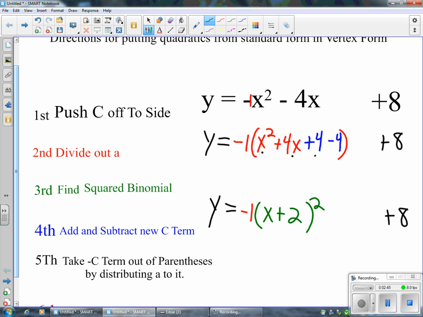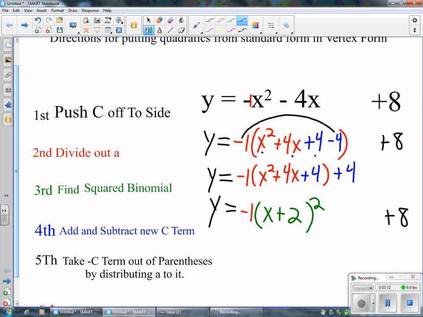So in this case, I'm going to take this -1 and distribute it only to the -4, and that will pull it out of the parentheses. So I'll still have a y and equals, the -1 is going to be out front of x squared plus 4x plus 4. That we want in parentheses, but -1 times a -4 is a +4. We want that on the outside.